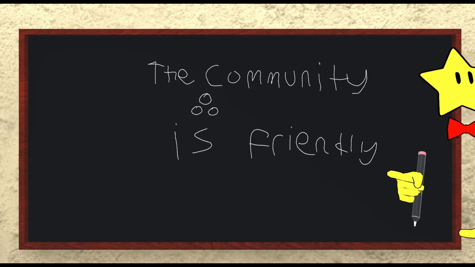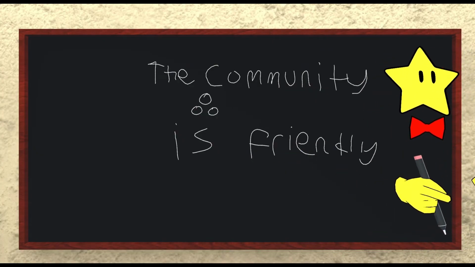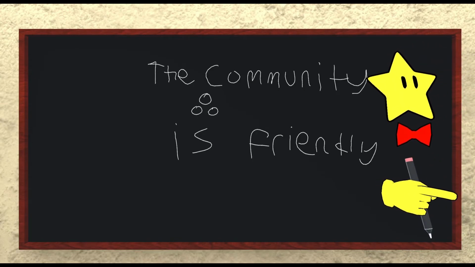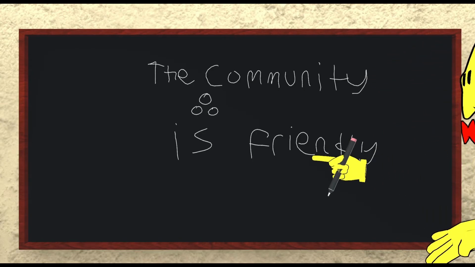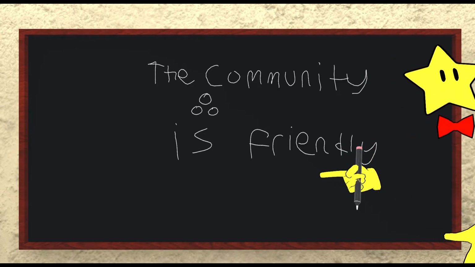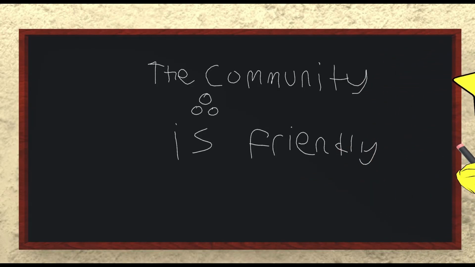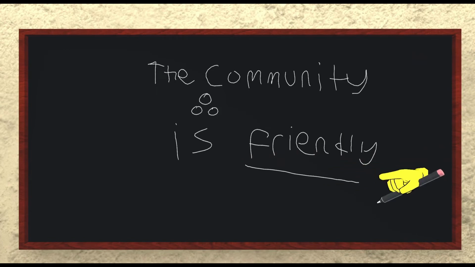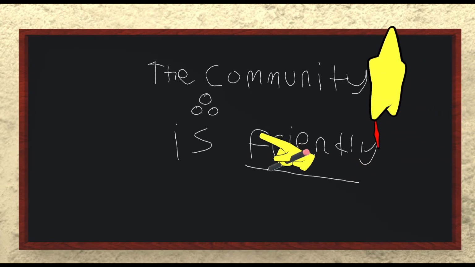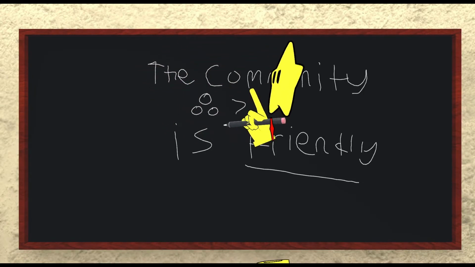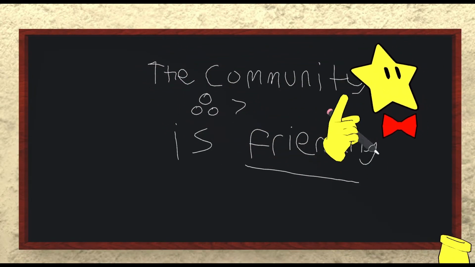Now, friendly, that's an interesting one. There's not a specific word for friend in Toki Pona, but you could still put that concept together. But being friendly is different from being a friend, right? Being friendly is like a personality trait. So, we can simplify this a little further. Friendly, let's go ahead and write in our li here. Friendly can be referred to with Pona.